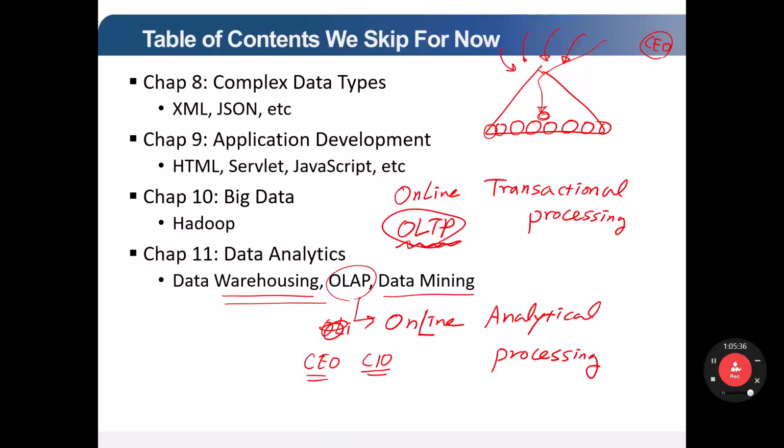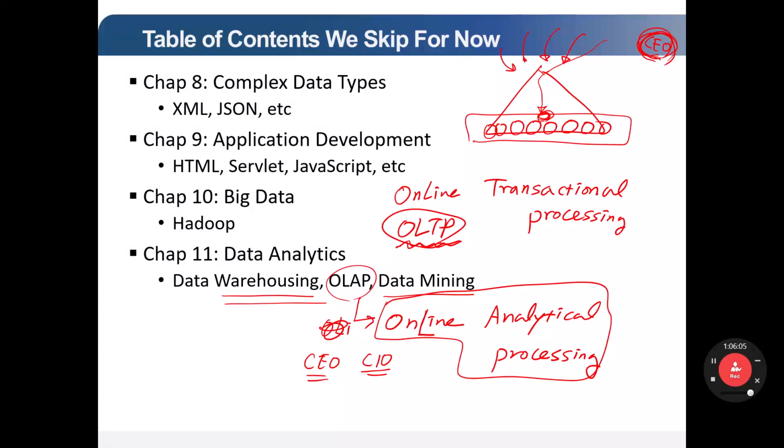What about the manager of the supermarket? This guy doesn't care about this specific person's purchase. What he cares about is, among these purchase histories, what is selling most? Even if he doesn't see the most recent transaction, that is okay. He just needs some approximate information about what items are selling better than others. So online analytical processing scans most of the data without worrying about consistency.